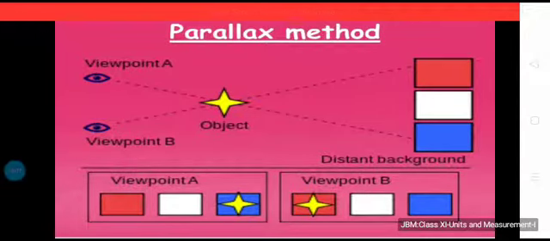Suppose the distance between A and B serves as the basis. We measure the angle between the two directions along which the object is viewed at these 2 points. That angle is called the parallax angle or parallactic angle.